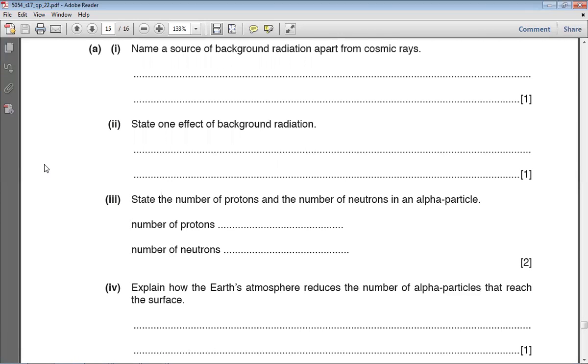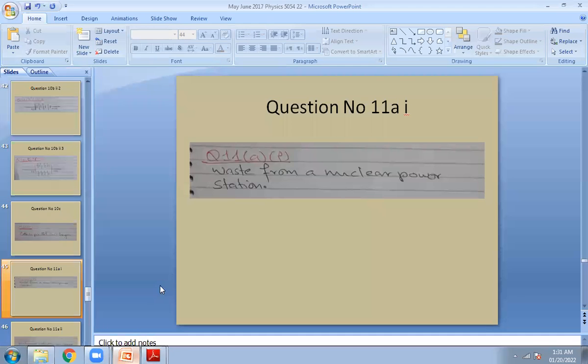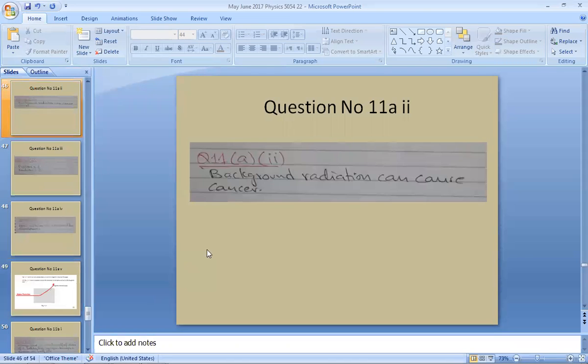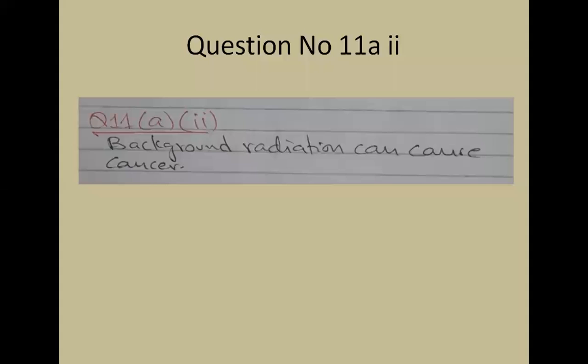The background radiation, which is all the time present around us, can cause ionization. It can cause a mutation of the cells. It can cause cancer in the body. You only have to mention one of these. I have written that the background radiation can cause cancer.